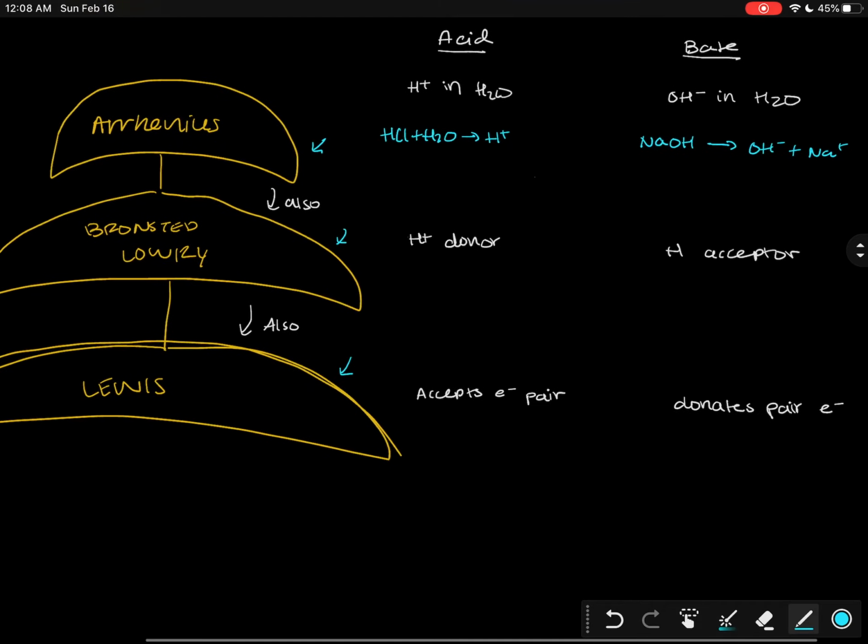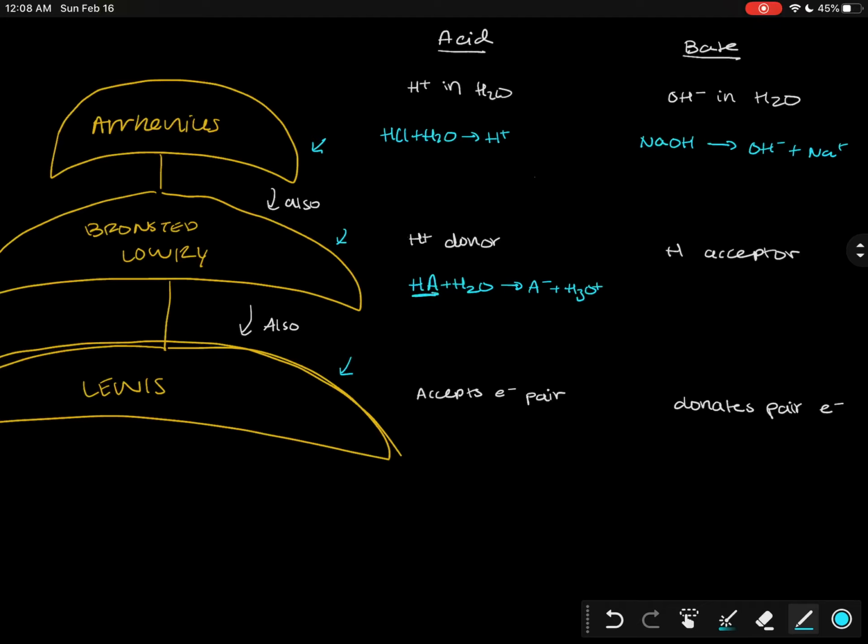So then, if we wanted to talk about what a Bronsted Lowry acid or base is, this is going to be something that donates a hydrogen. So for an example, let's say we have a generic acid, let's call it HA, and we put it in water, and it forms A- plus H3O+.